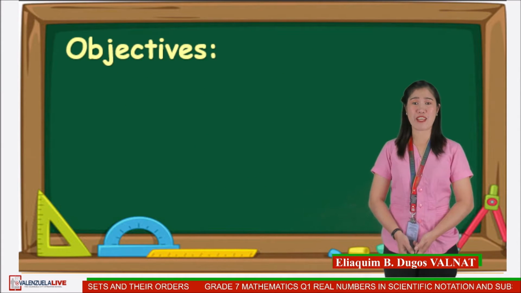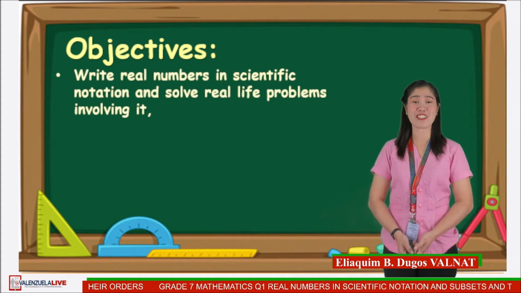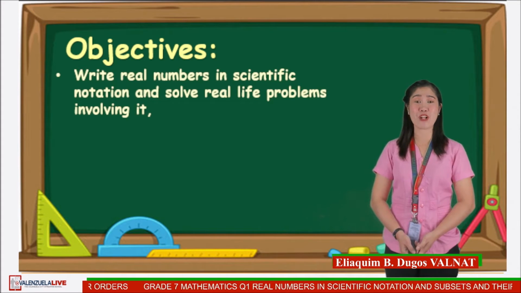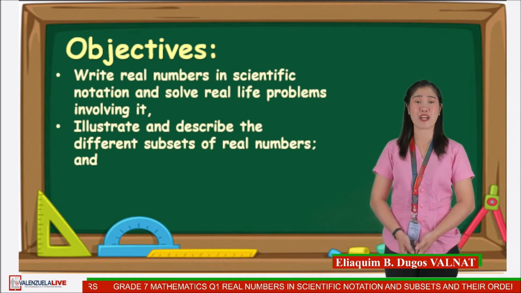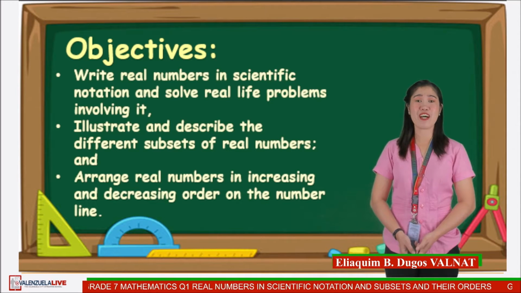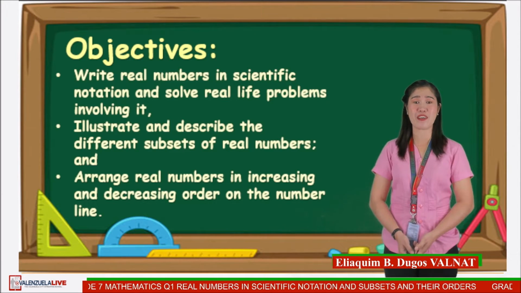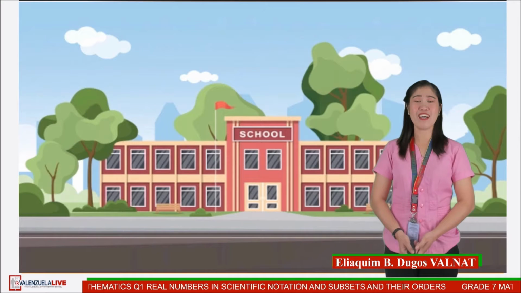For our objectives, at the end of our discussion, you should be able to write real numbers in scientific notation and solve real-life problems involving it. Illustrate and describe the different subsets of real numbers and arrange real numbers in increasing and decreasing order on the number line.